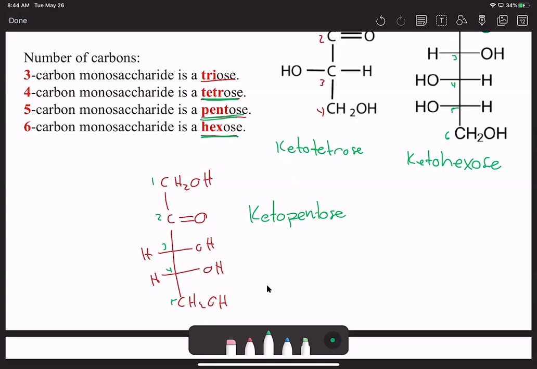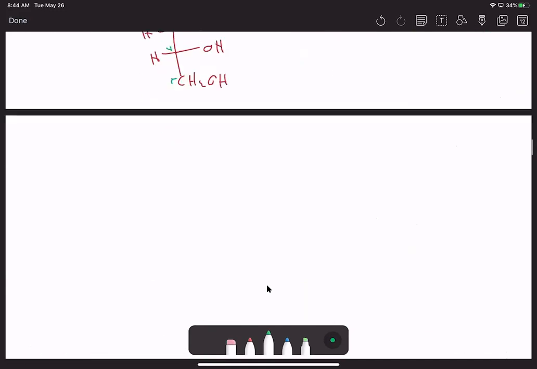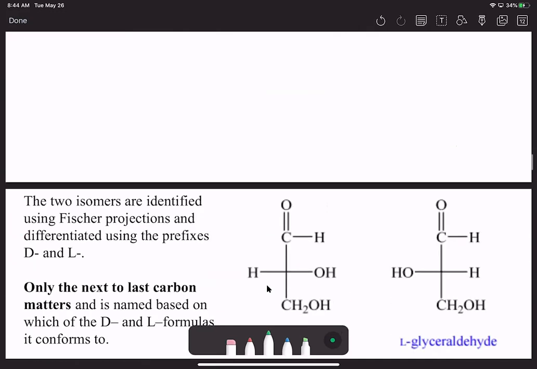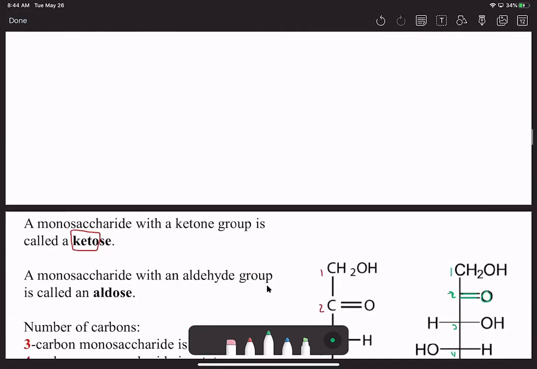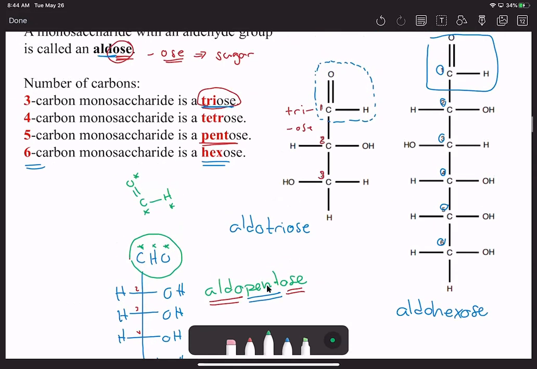So that's how we're going to generically name these sugars here. They do have some specific names, but we'll get into that in just a little bit. All of these sugars have what we call isomers, because if we're looking at this here, and this here, those are going towards you.